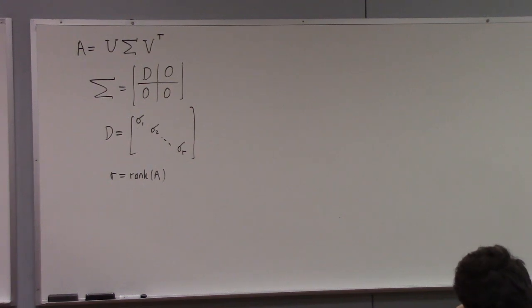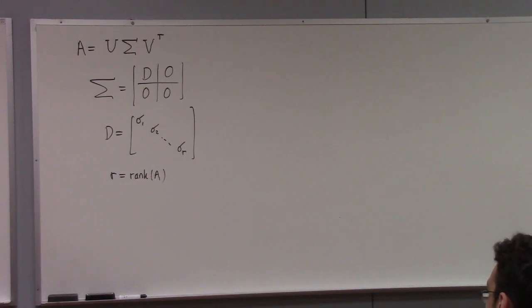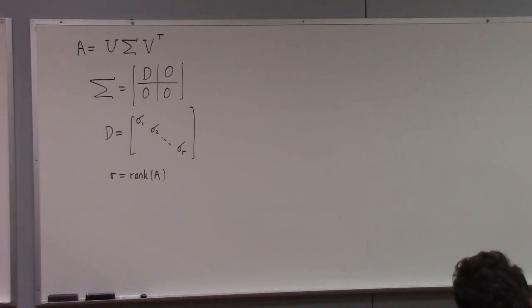What's the square root of 2 times the square root of 18? It's the square root of 36, yeah?